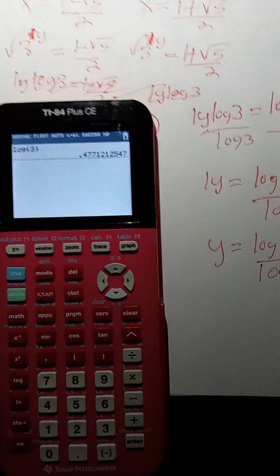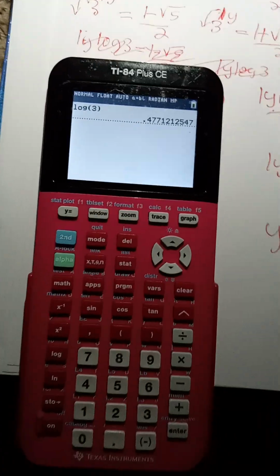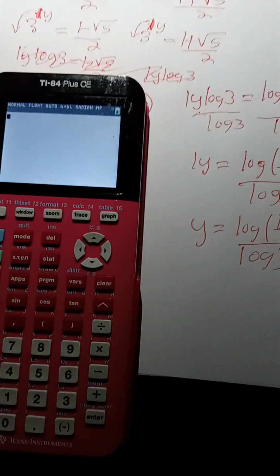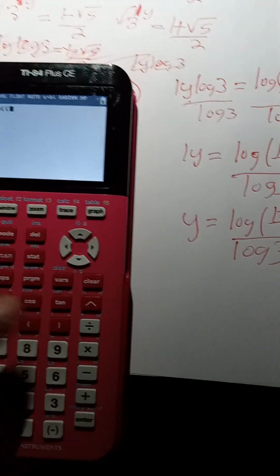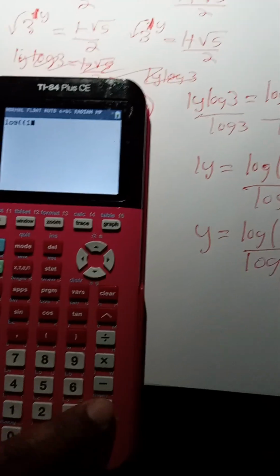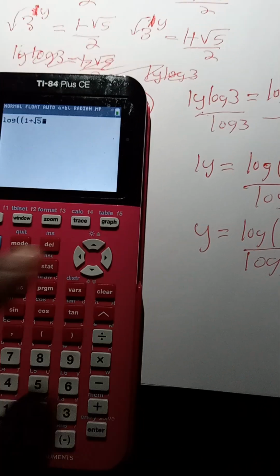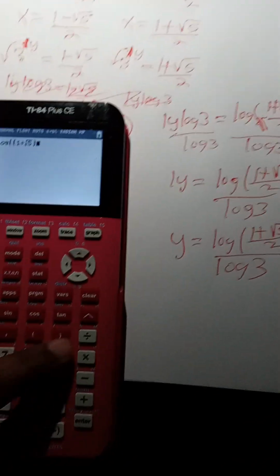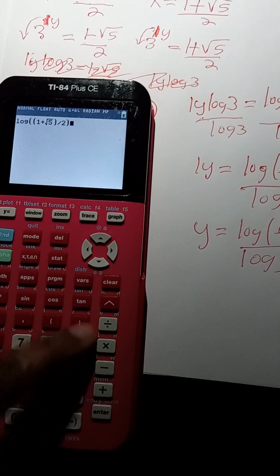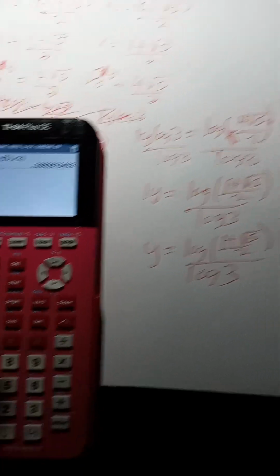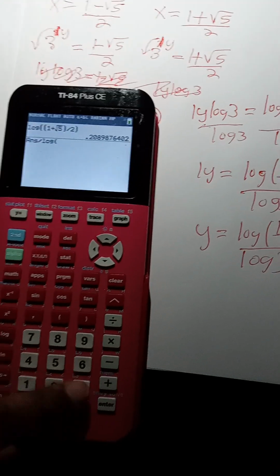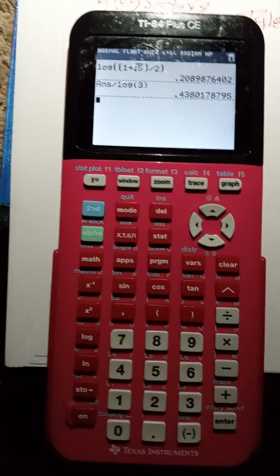And so this is a real solution here. So let's enter this again just to make sure. Log of 1 plus square root of 5 divided by 2, then divided by log of 3. That's what the answer should be, 0.43.